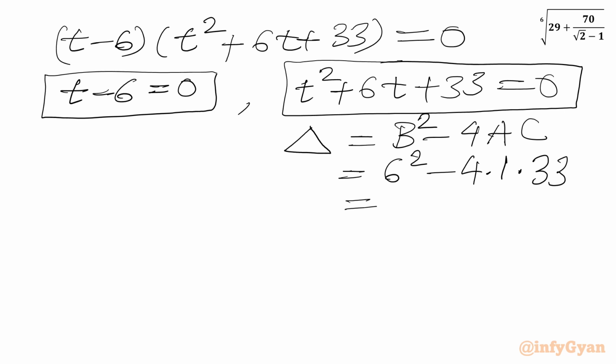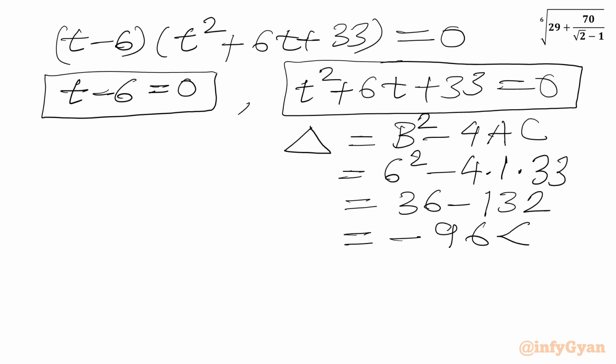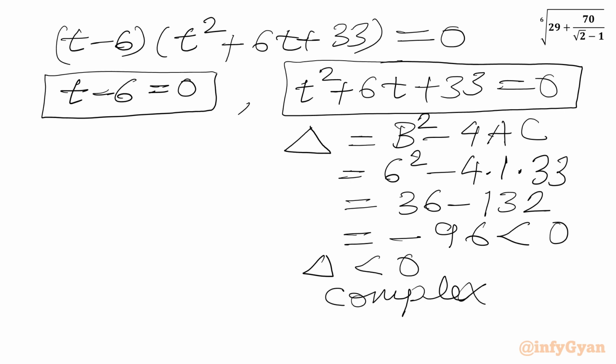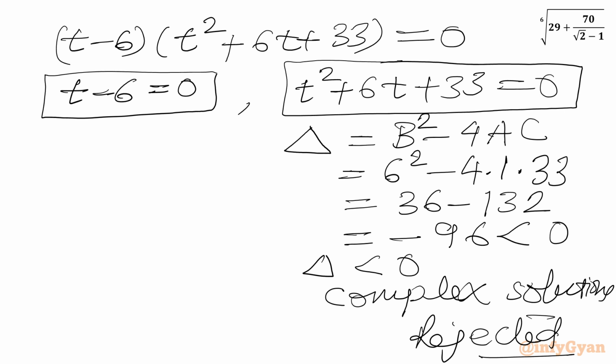So this will come out 36 minus 132. So this difference will come out negative. As our discriminant is negative, we will get complex solutions. So we can reject this solution. Rejected. So from the first equation we will be getting t equal to 6.